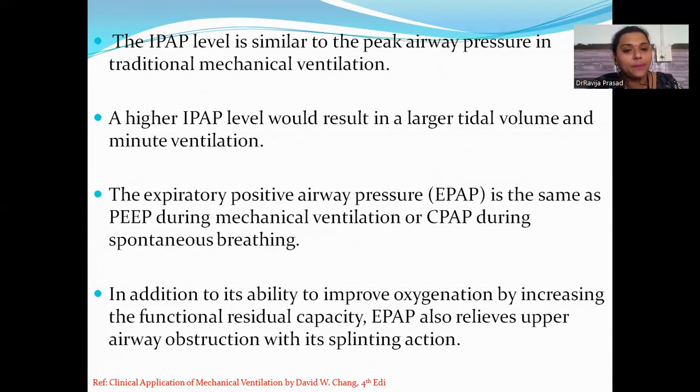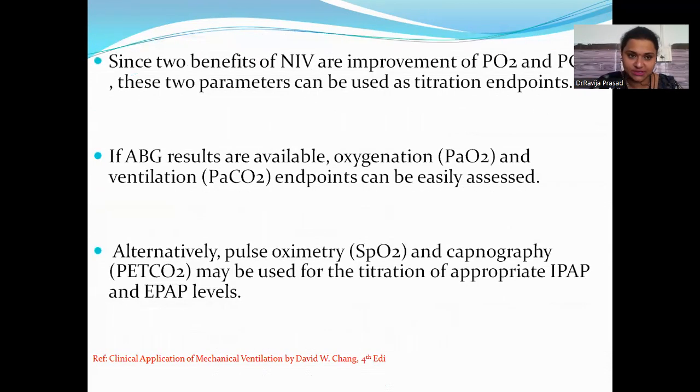A higher IPAP level would result in a larger tidal volume and minute ventilation. The second mechanism is the expiratory positive airway pressure, that is EPAP, which is the same as the PEEP during mechanical ventilation or CPAP during spontaneous breathing. In addition to its ability to improve oxygenation by increasing the functional residual capacity, EPAP also relieves upper airway obstruction with its splinting action.